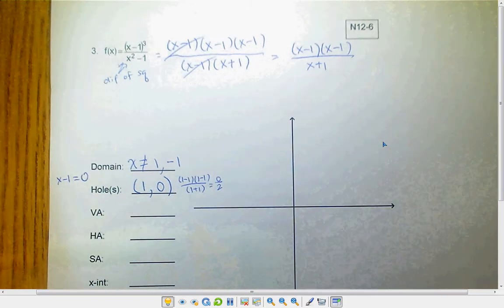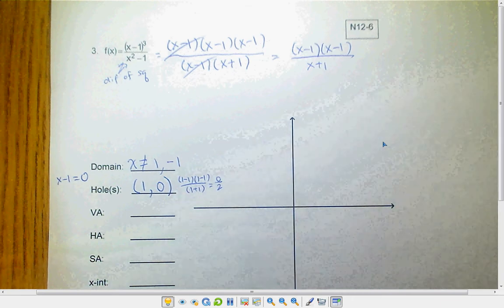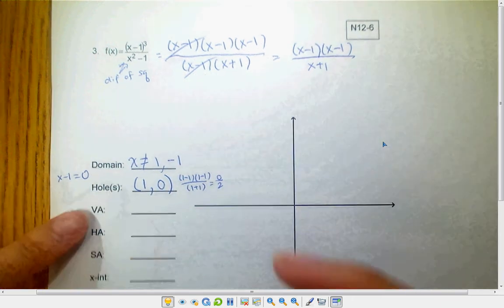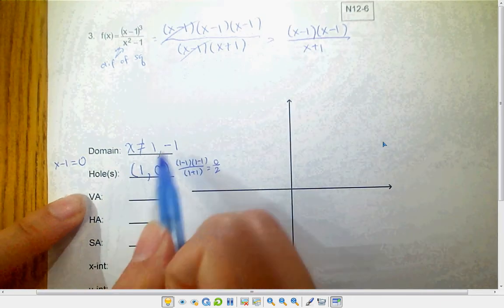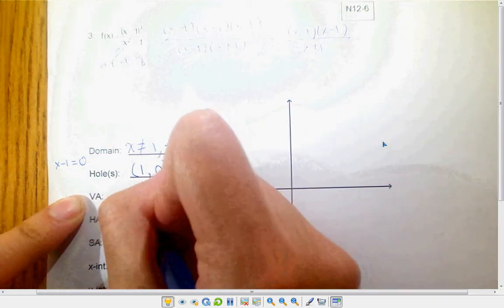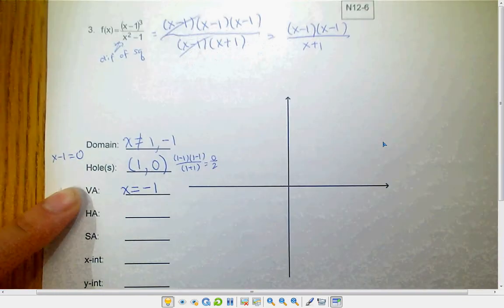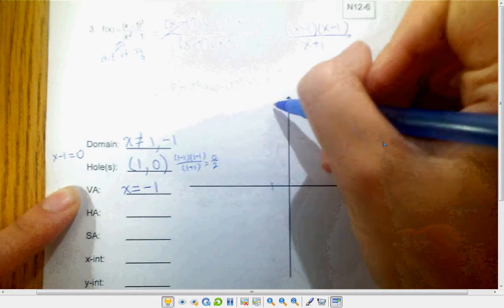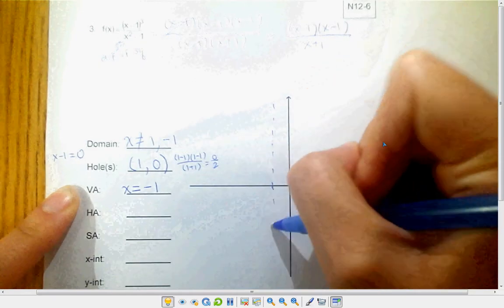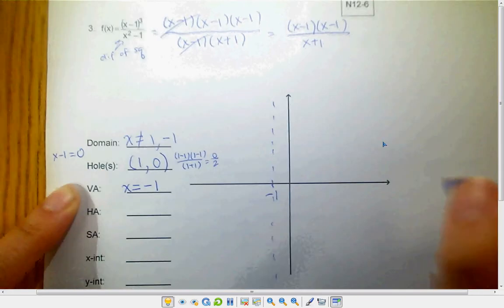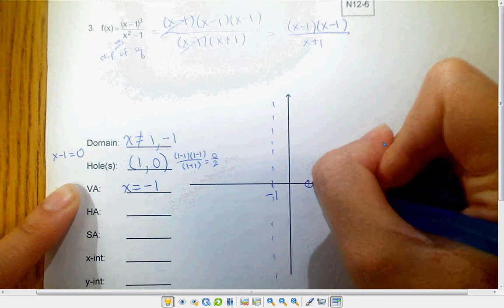So my hole is at 1 comma 0. So this tells me my vertical asymptote doesn't include my hole, so I only have one vertical asymptote, and it's at negative 1. So I have a vertical asymptote at negative 1. I have a hole at 1 comma 0.